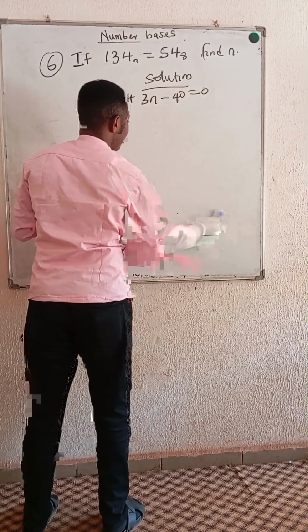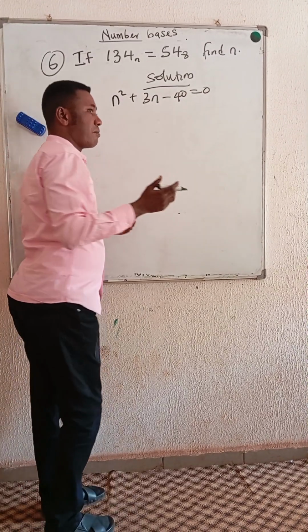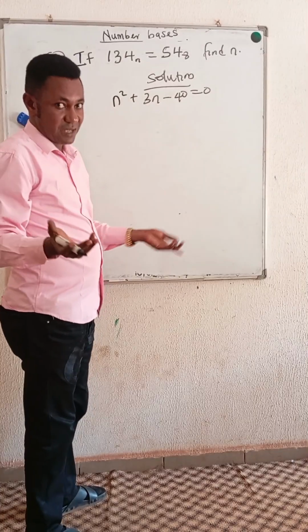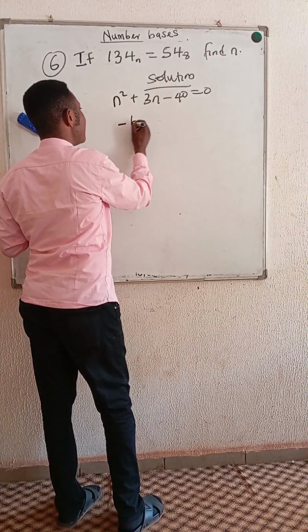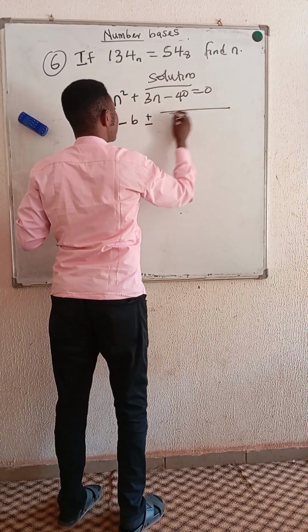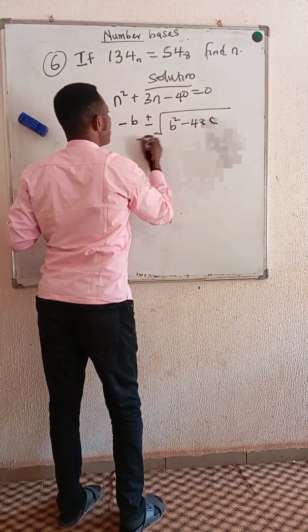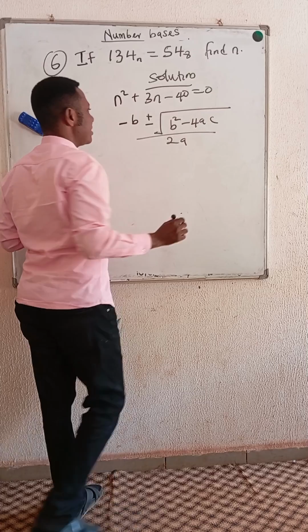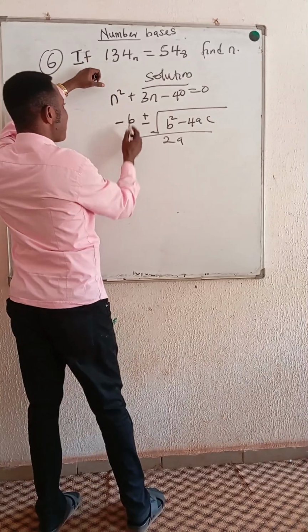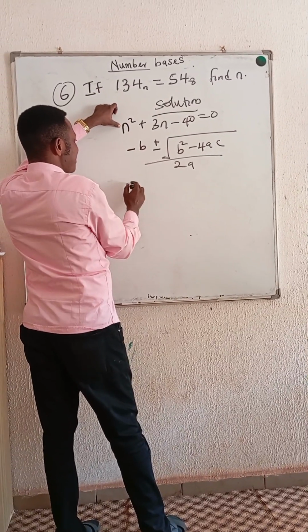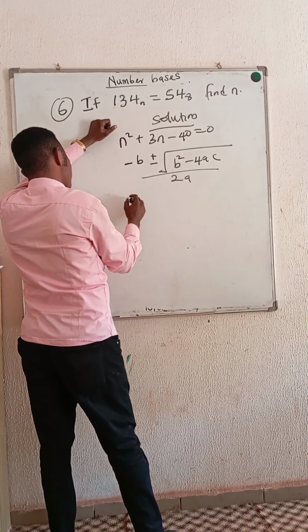The formula method to me is the simplest. Look at it. Minus b plus or minus square root of b squared minus 4ac, all over 2a. Now, what is my b? Well, let me just write this so that I will not be confused.